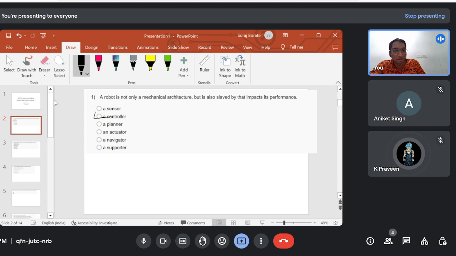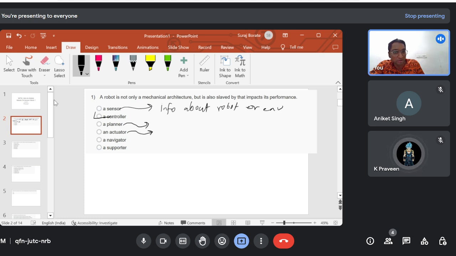So let's see. A sensor is something that gives us information about the robot or the surroundings or environment. It can be the state of the robot or where the obstacles are present. What does a planner do? A planner will plan a path or an action for the robot depending on its task or objective, something like a collision-free path from point A to point B. What is an actuator?